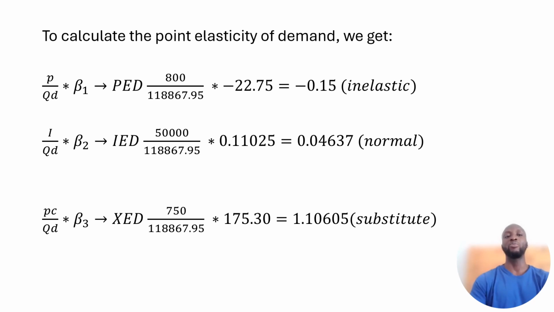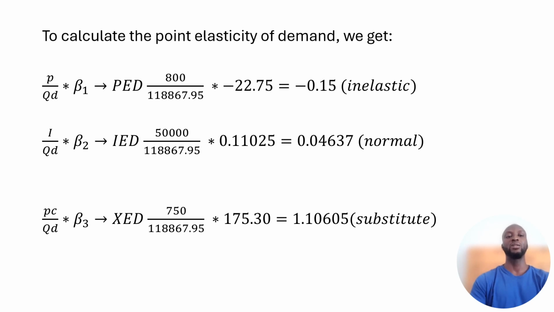And when you do that for price elasticity of demand, 800 is given in the question, divided by the quantity demand that we got when we did all the addition from the model, multiplied by beta 1. This is the result, the elasticity, 0.15, which is inelastic. When we look at the absolute value, it is inelastic because it's less than 1.